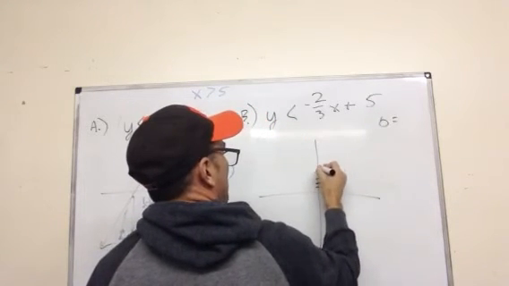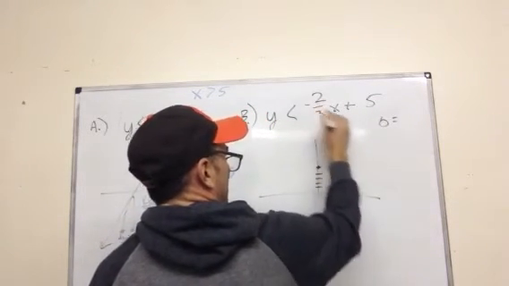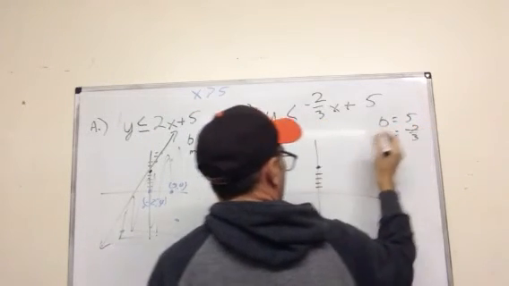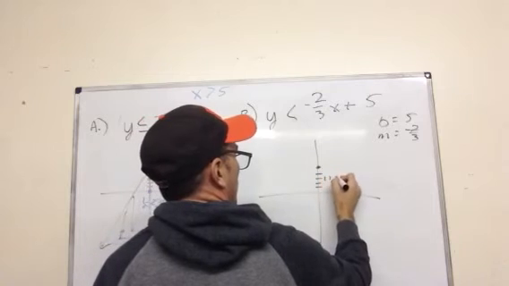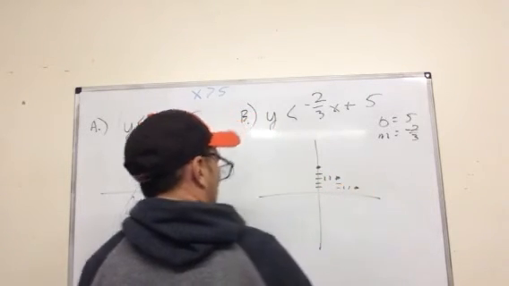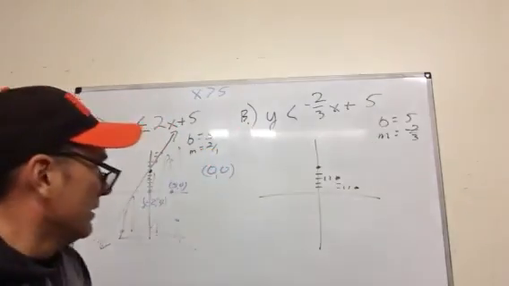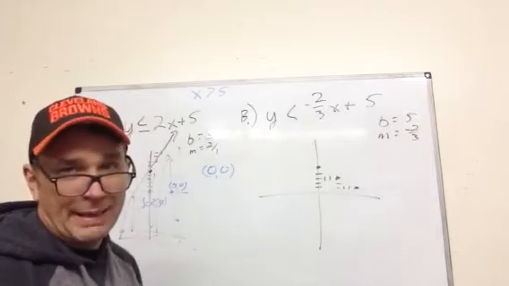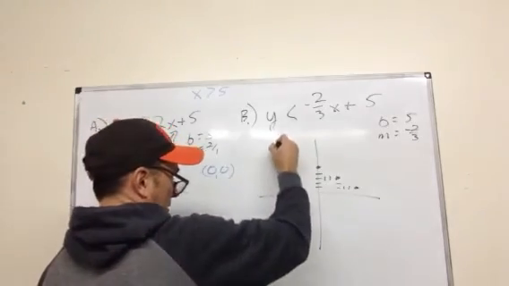So again, I'm starting up 5. My slope is -2/3. Down 2 over 3. Down 2 over 3. Now because it's less than, it doesn't have the bar under it. This makes this a dashed line.